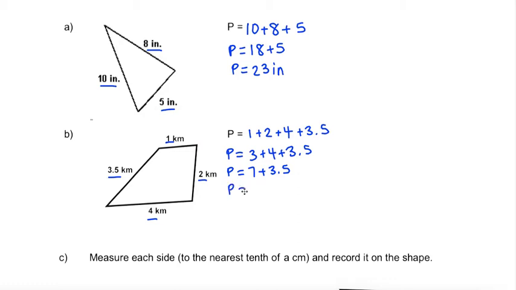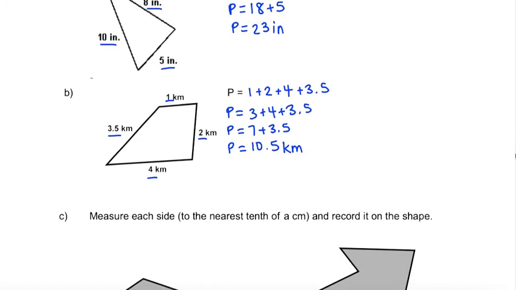And 7 plus 3.5 is 10.5. Now you could have done that quicker in a calculator or by combining some of these steps, but I just wanted to walk you through those. And I always include your units, which is kilometers.